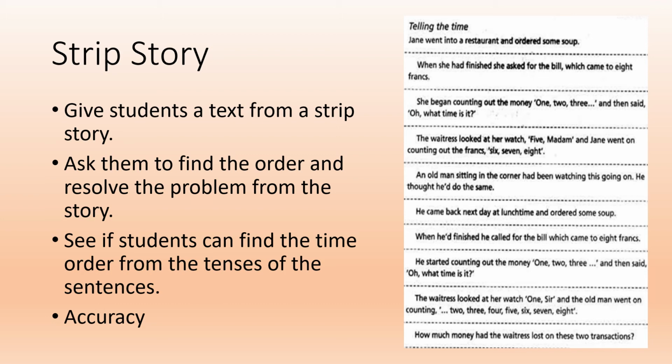For example, you have them printed on a piece of paper, and then you cut them off as shown in the picture, put them in random order, and ask them to find the appropriate order and resolve the problem of the story. So this will see if students can find the time order from the tenses of the sentences to put them in the correct organized way. This will also test them on accuracy.